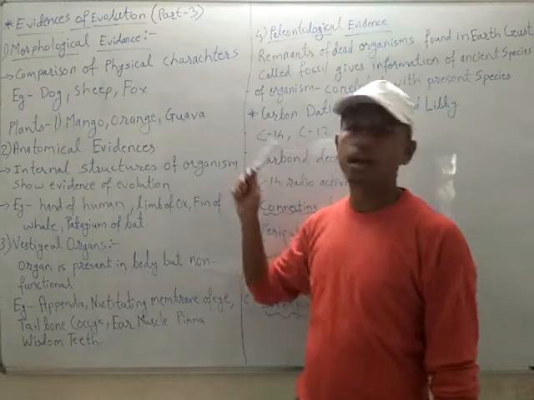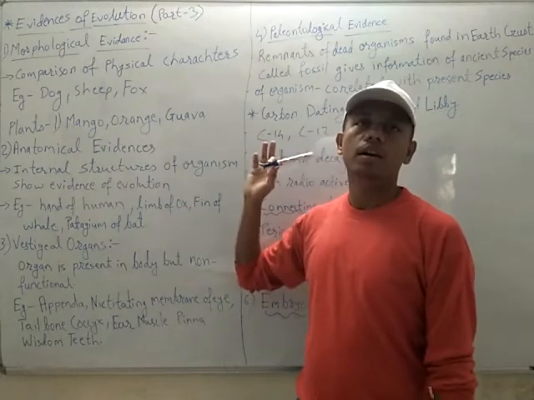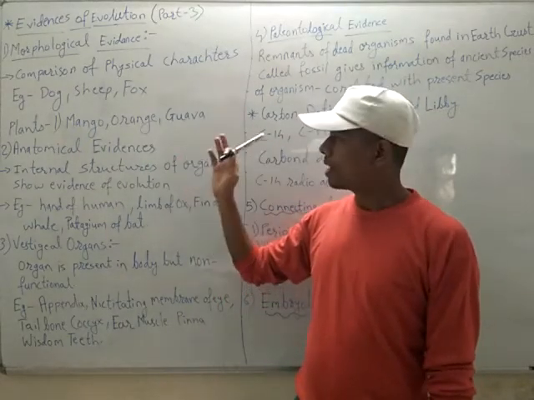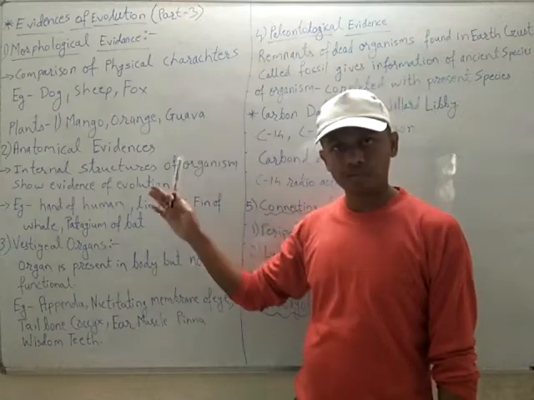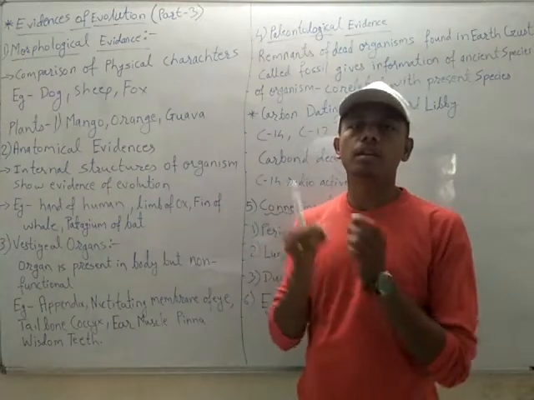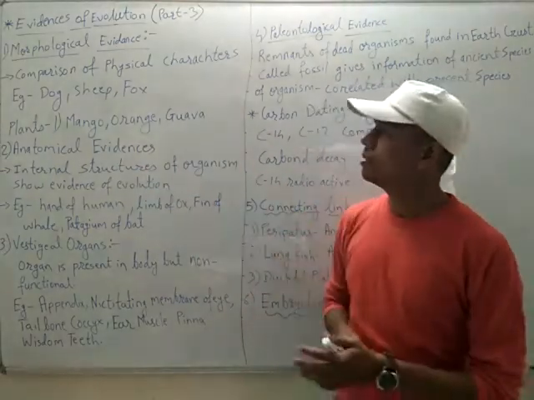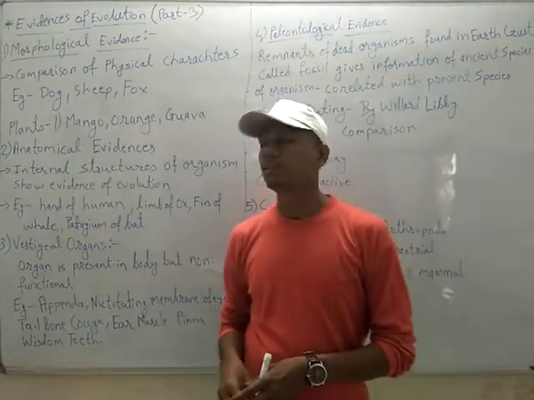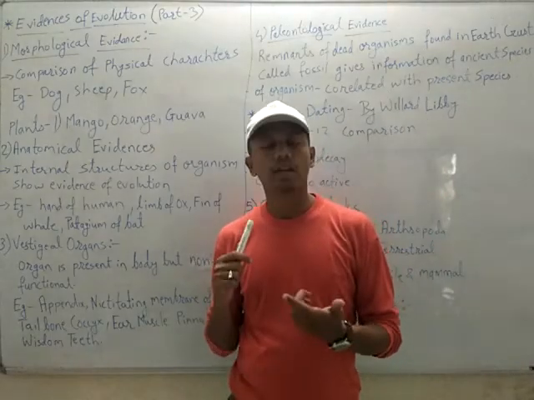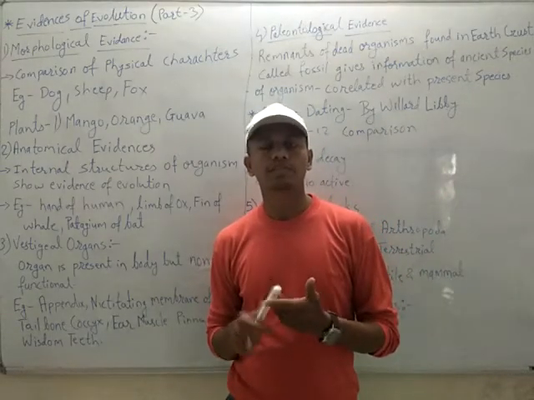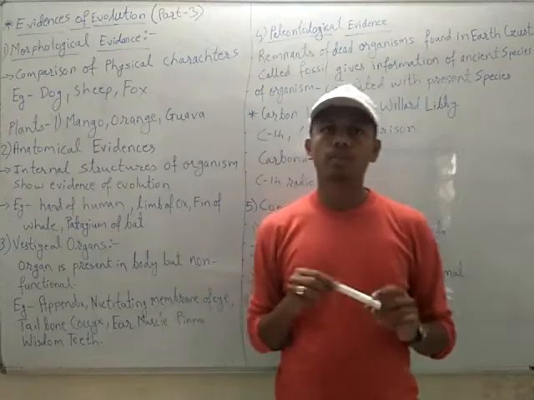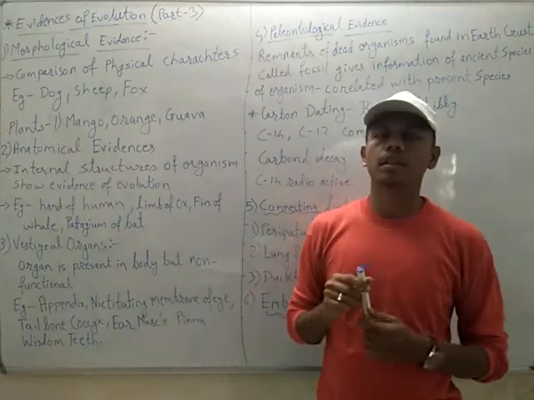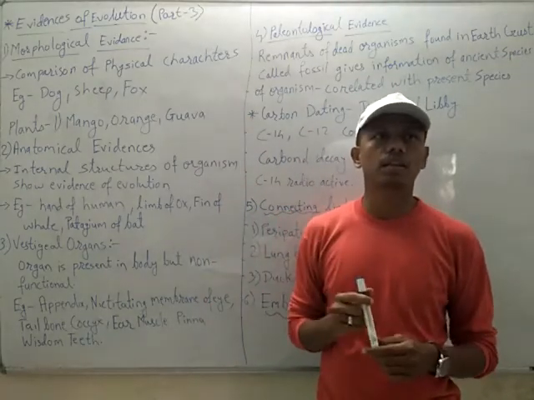All the plants have branches, branches have leaves, and if you compare the leaves of all the plants, they have nearly similar characteristics: the shape of the leaf, the serrations present in the leaf, the midrib present in the leaf.